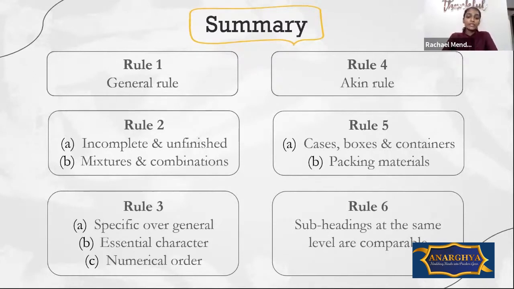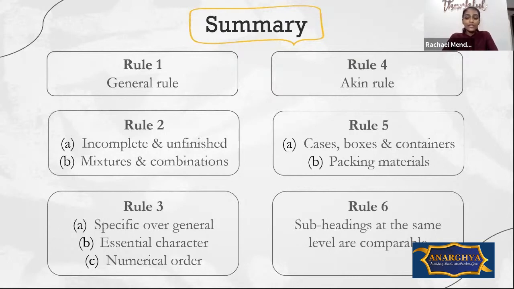And if you are still not able to classify as per Rule 3B, you move on to Rule 3C, which says that you classify on the basis of the heading which occurs last in the numerical order. And Rule 4 says that if you are not able to classify as per Rule 1, Rule 2, as well as Rule 3, then you classify the product along with the product to which it closely relates.